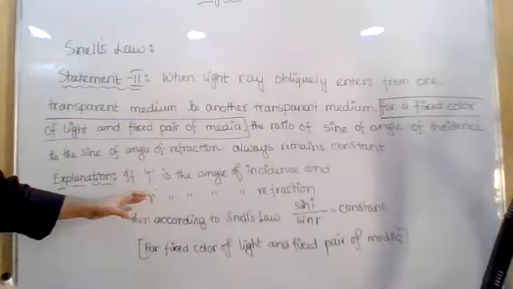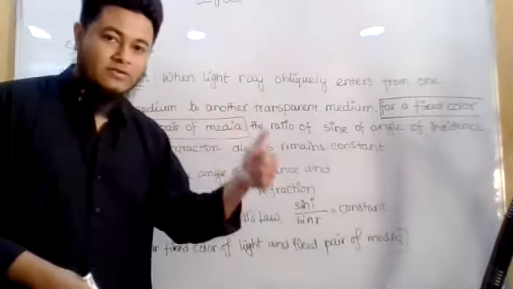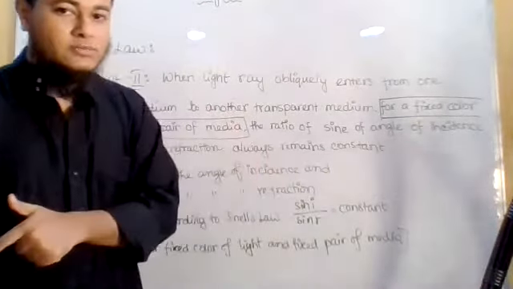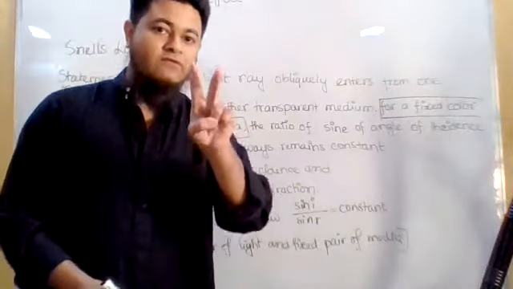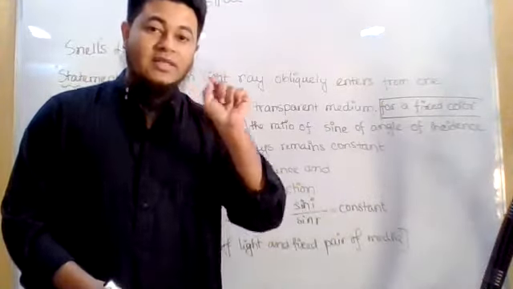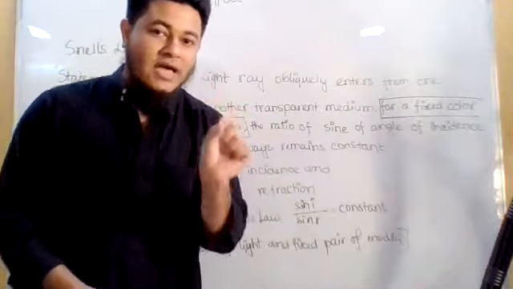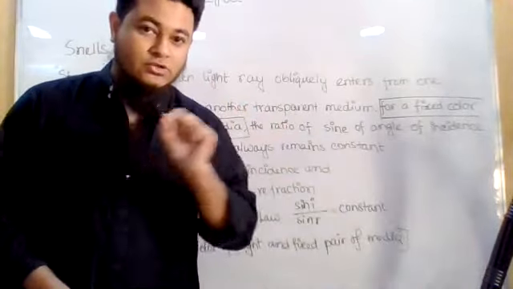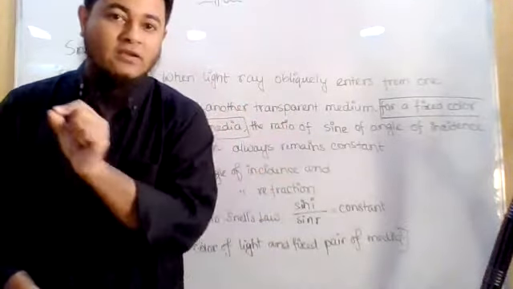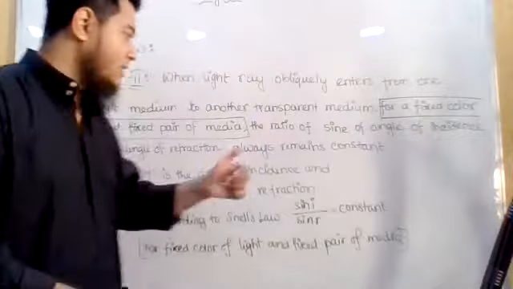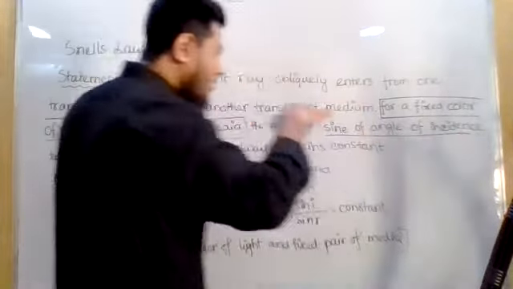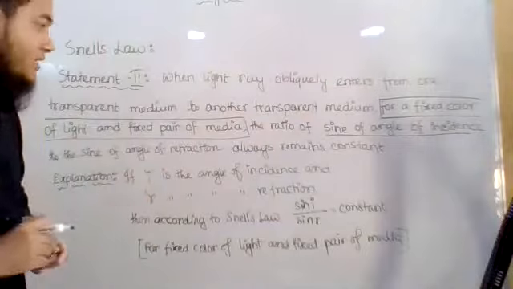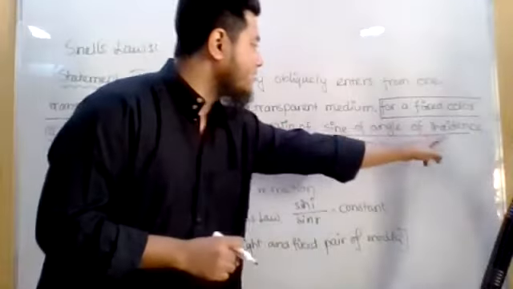So this is the law. When a light ray is passing obliquely from one transparent medium to another transparent medium, for a fixed color of light and for a fixed pair of media, the ratio of the sine of the angle of incidence to the sine of the angle of refraction. Remember, I'm mentioning this part very clearly because many times I see students writing the ratio of angle of incidence.